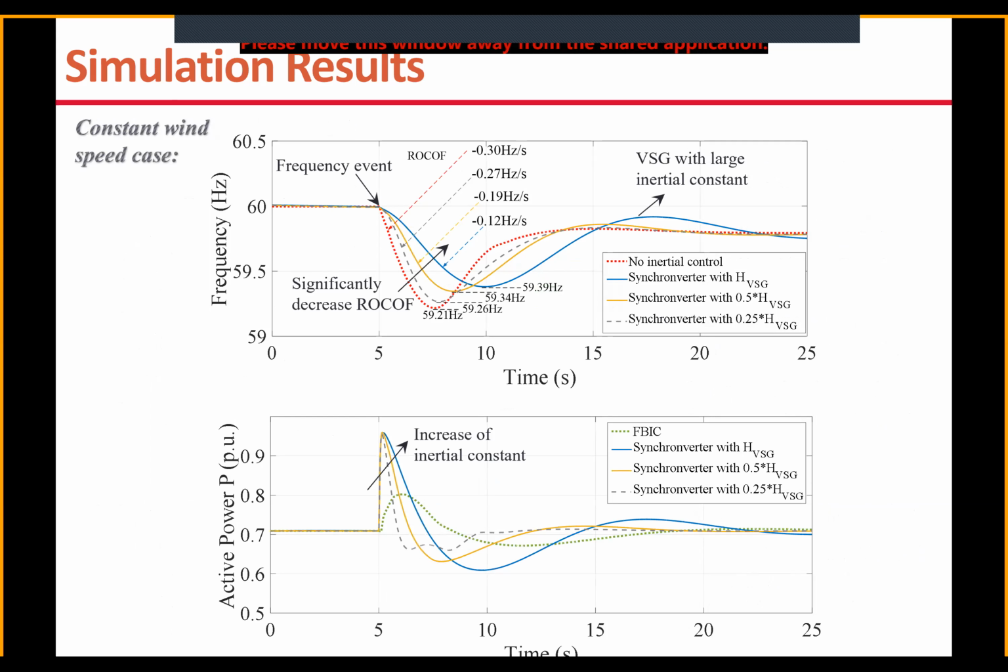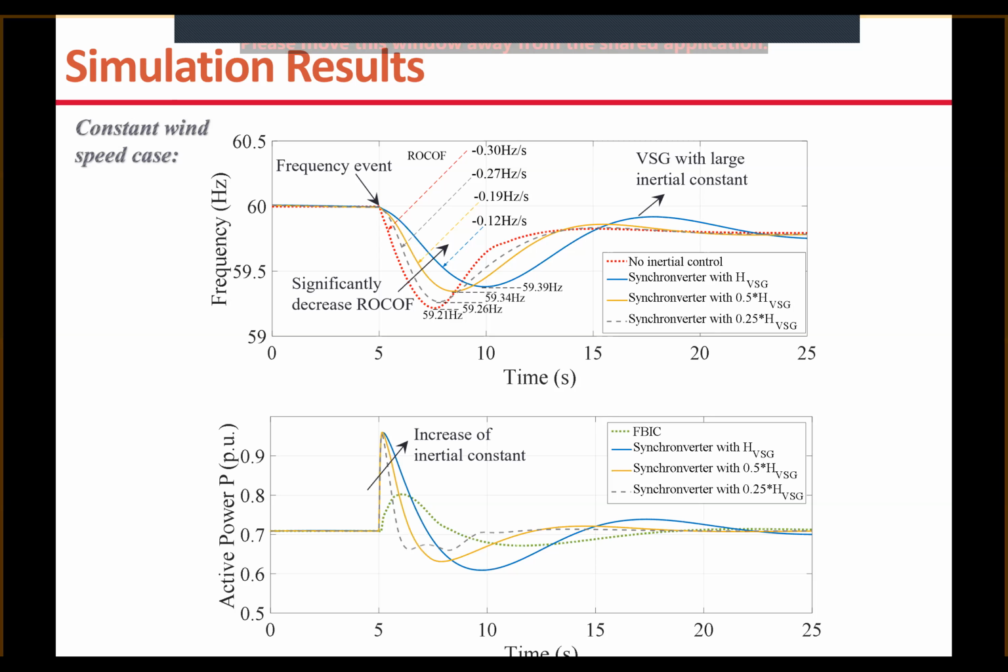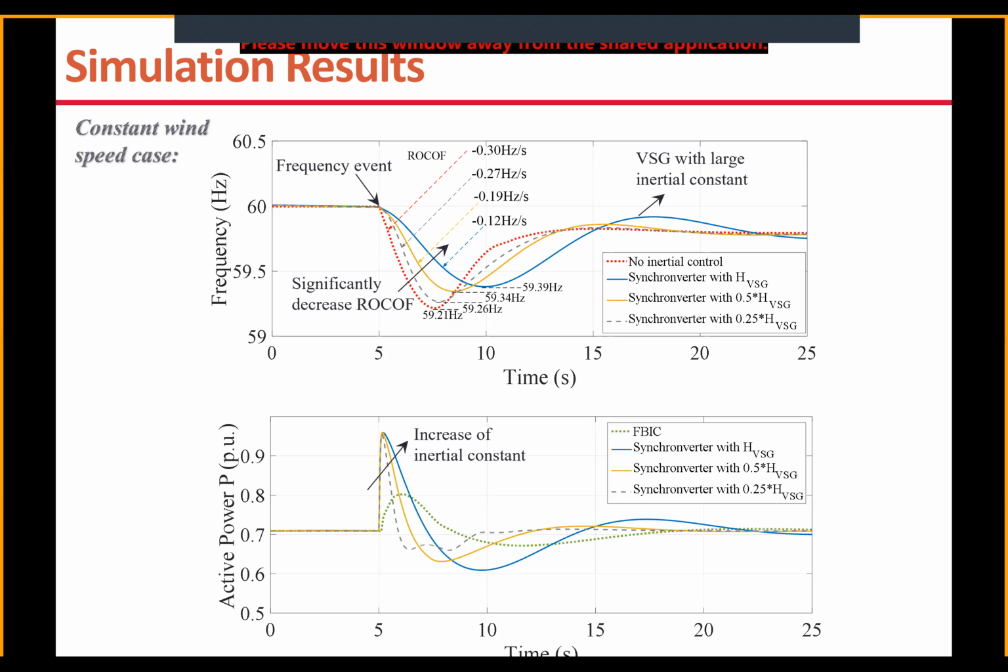As you see, with VSG with large inertial constant, the green one, we have a very good frequency response. The roll curve is smaller, the nadir is smaller. So that means the VSG controller really can help.